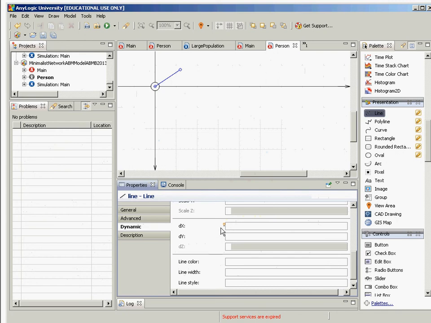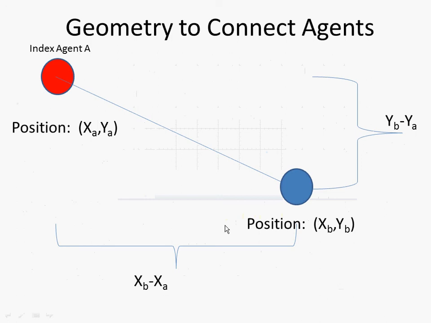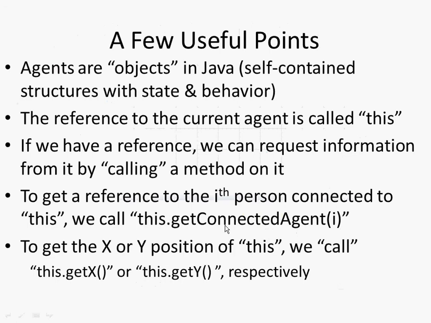Let's suppose I'm dealing with line number 0. Based on what I've just told you, how could I get a reference to the agent to whom that line is connected? Okay, so there is a formula here. What would the formula be?